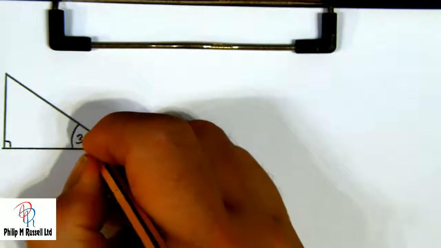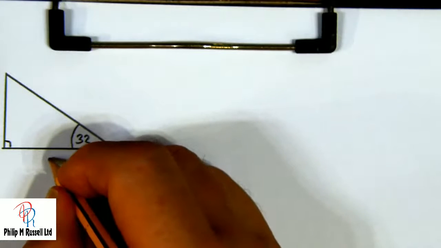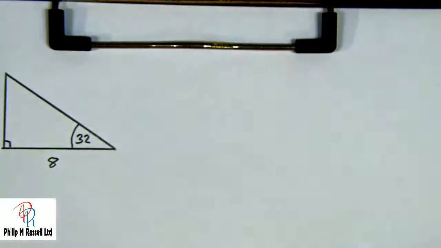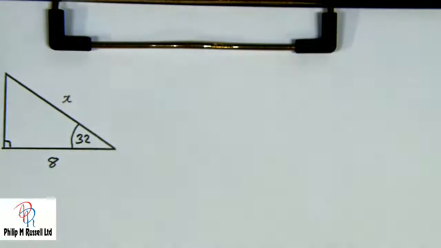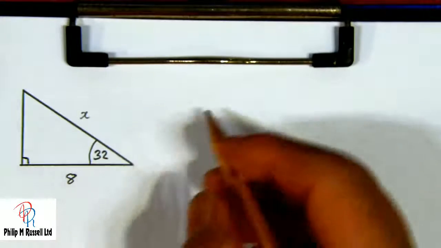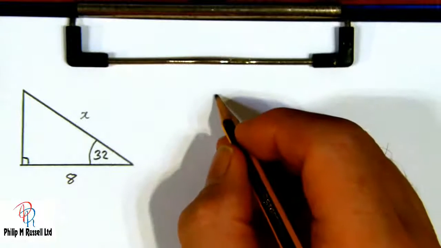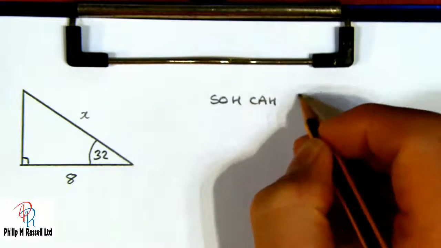Let's say it's going to be 32 degrees this time, and I have this side, which is 8, and I want to find this side. Where we're going to start, we'll write down SOHCAHTOA.